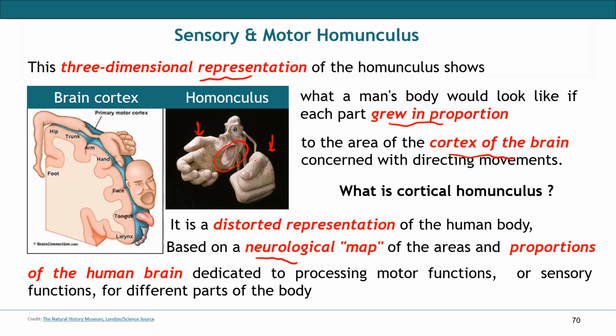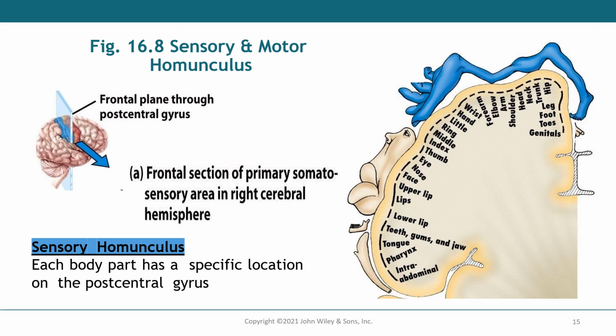Here your textbook gave you a similar diagram showing different parts of the body like the foot, the legs, the hip, the trunk, and in which part of the gyrus they are located. This is a sensory homunculus, and remember, this is a specific location in the postcentral gyrus.